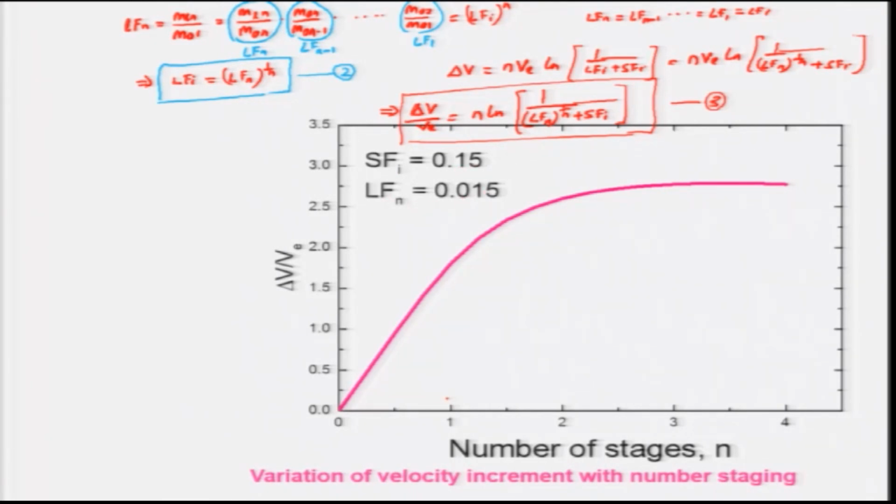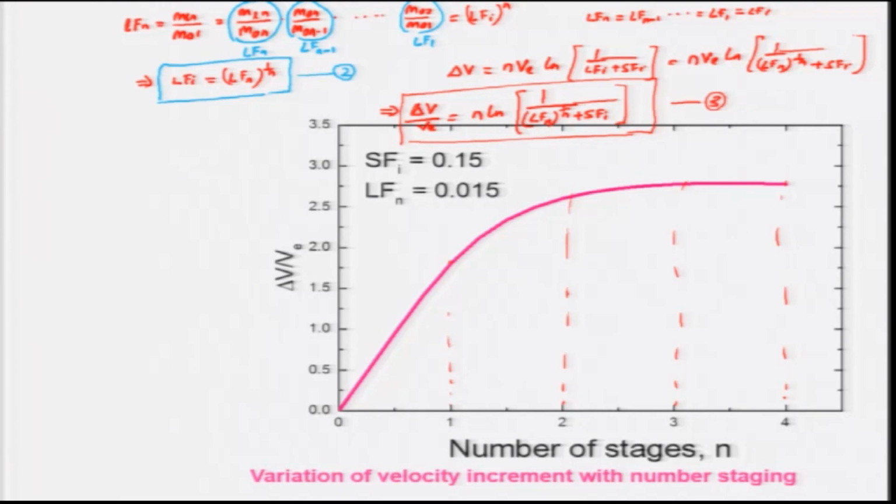You can see that for 1 stage there will be some velocity increment, but if you go for more stages, the increment is reduced further, there is not much gain in velocity change, and if you go for 4, there is hardly any change.